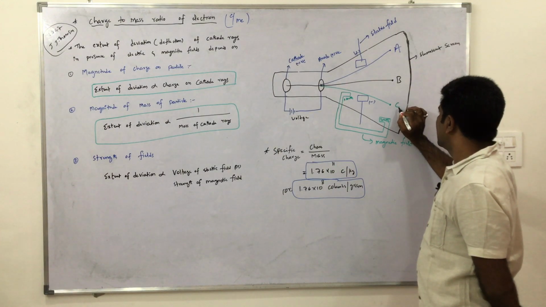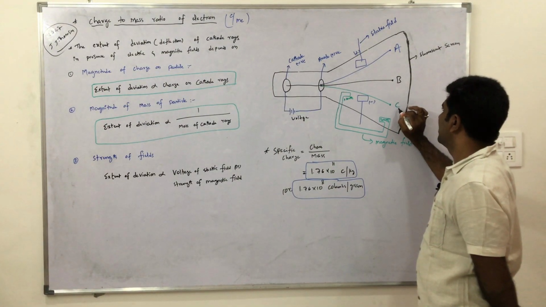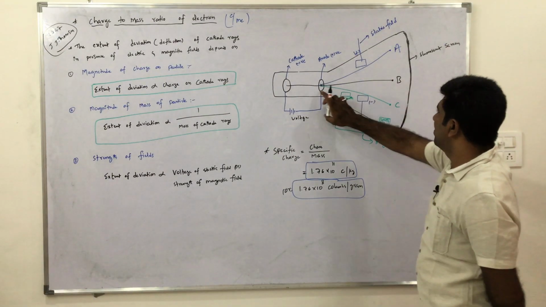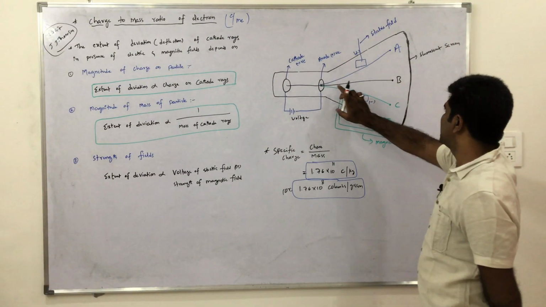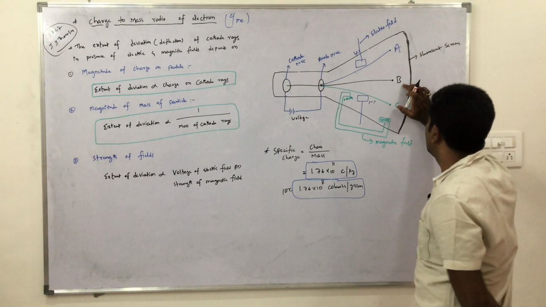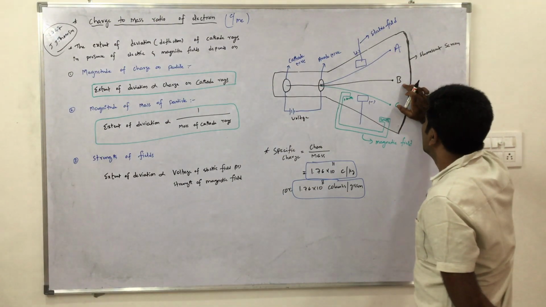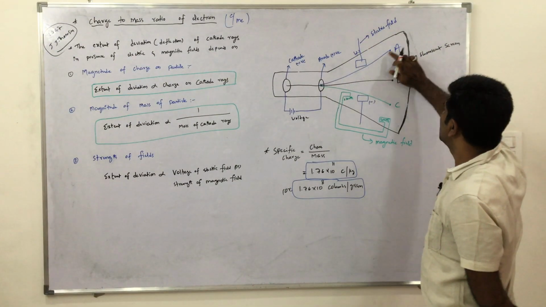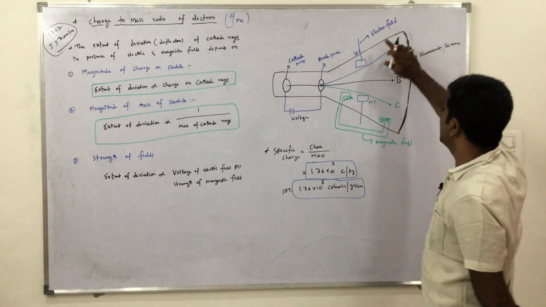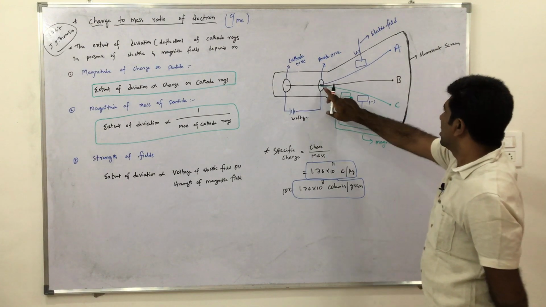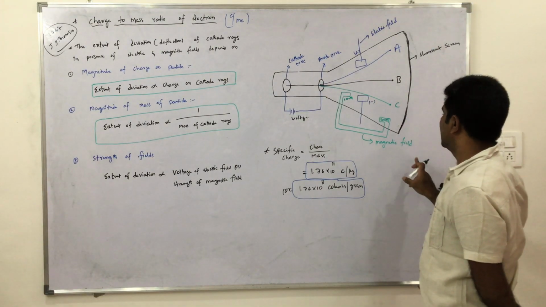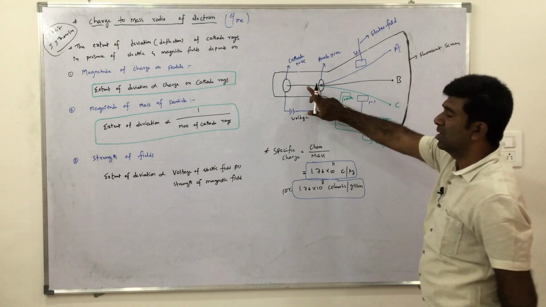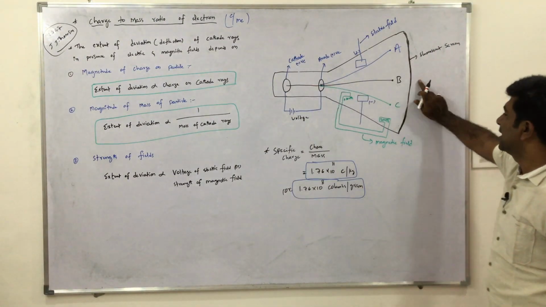The cathode ray falls at point C. Without the electric field and magnetic field, the cathode ray travels straight and falls at point B. For the electric field, the cathode ray deviated towards the electric field. In the magnetic field, the cathode ray deviated from the magnet side. Without these two fields, the cathode ray travels in a straight line.